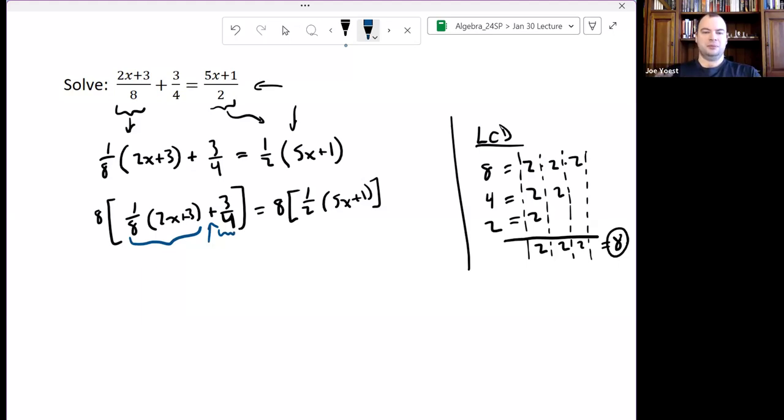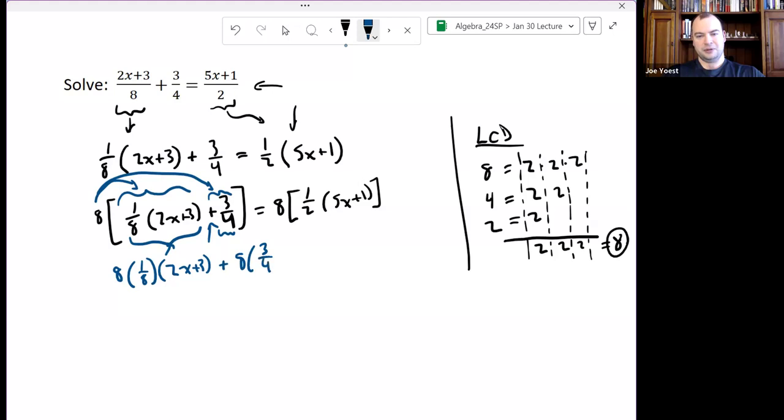That's all one term, plus 3/4. This 8 is going to distribute into this bit and into this bit. So let me write this out in another step. Distributing the 8 into the first term here, 1/8 times 2x plus 3. Distributing the 8 into the second term in the square brackets.